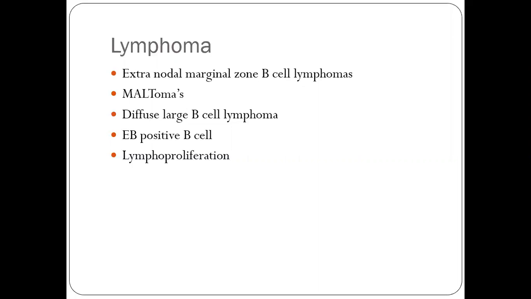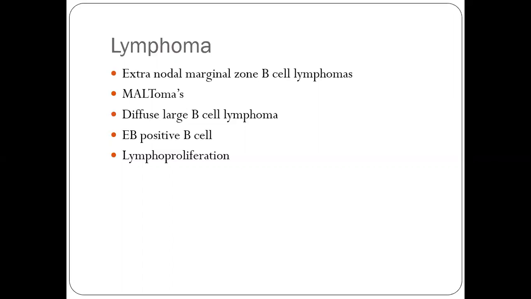They are B cell lymphomas, and lymphomas in the GIT are often called MALT lymphomas or maltomas. MALT means mucosa associated lymphoid tissue. Lymphomas which arise from the mucosa associated lymphoid tissue.